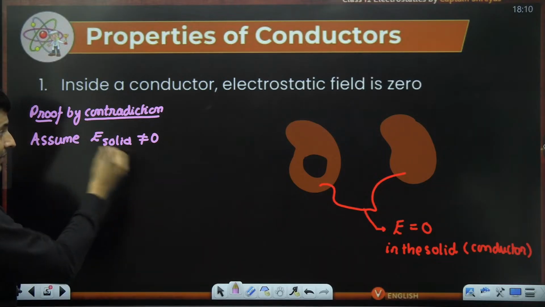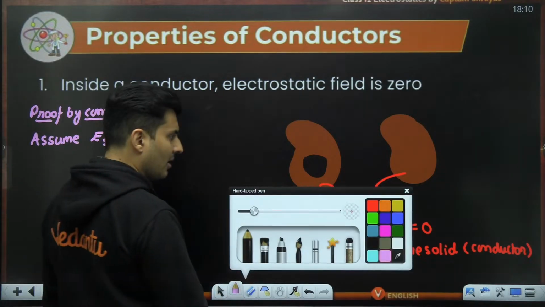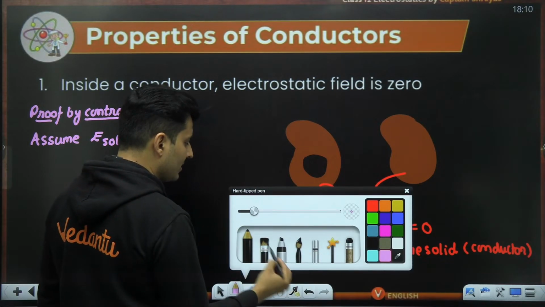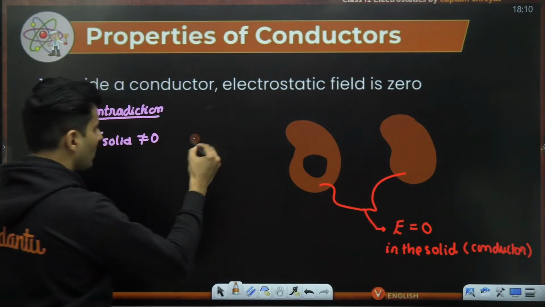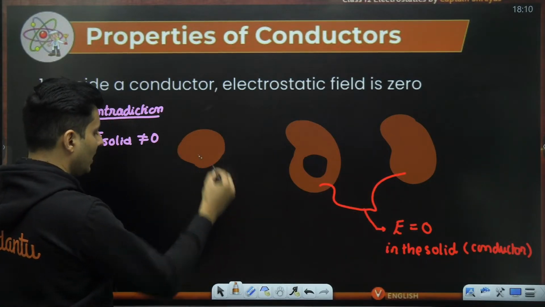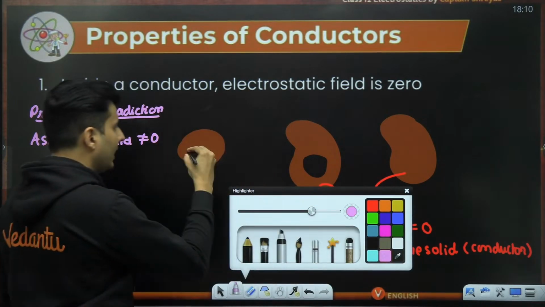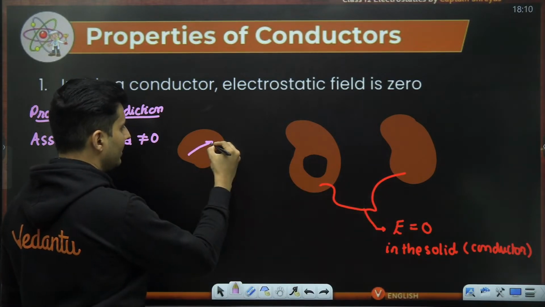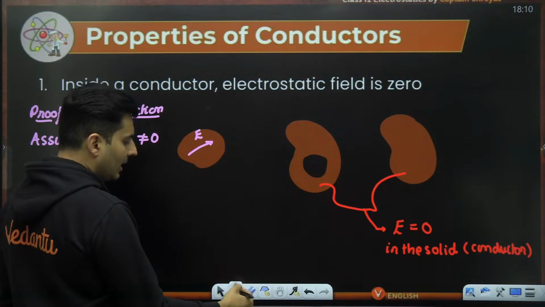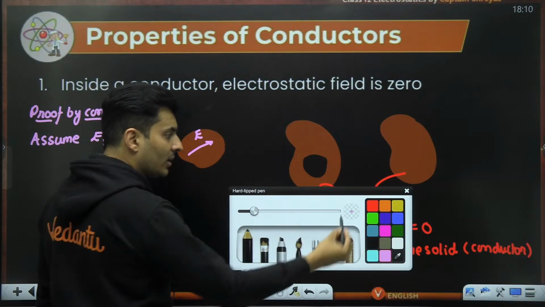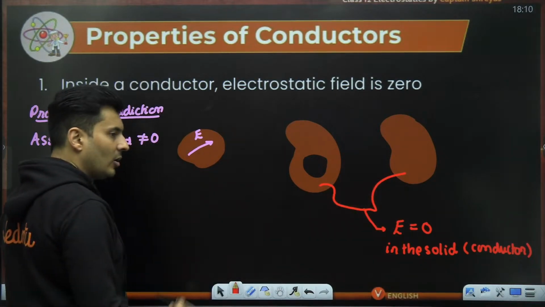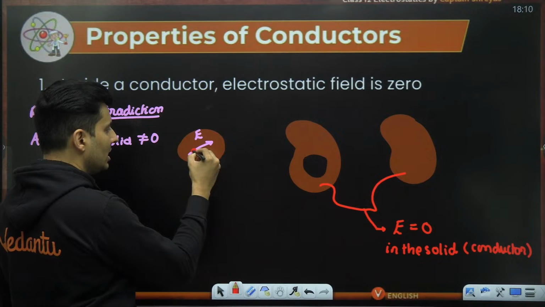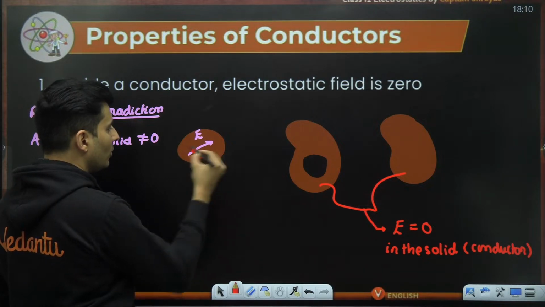So if the electric field inside the solid part is not zero, then the conductor has some electric field inside that solid part. And remember, a conductor has a lot of free charges, basically electrons. So definitely there will be electrons over here.